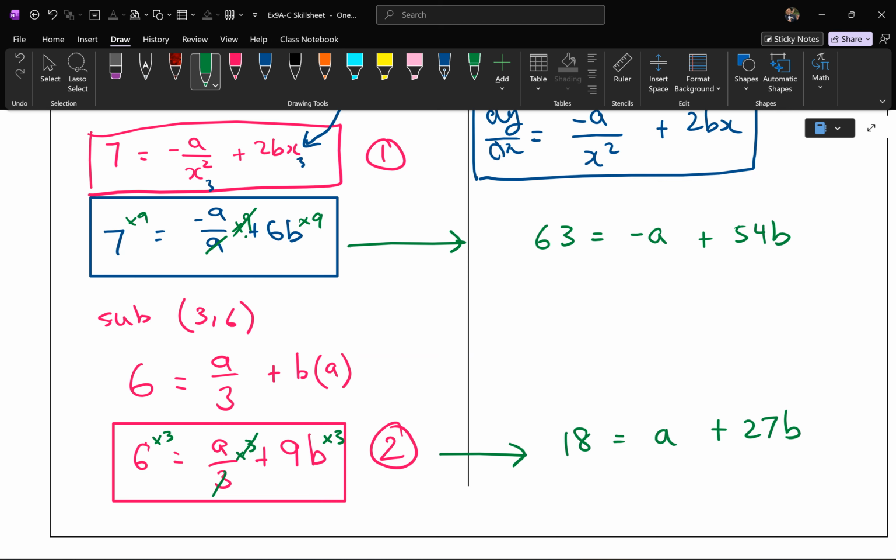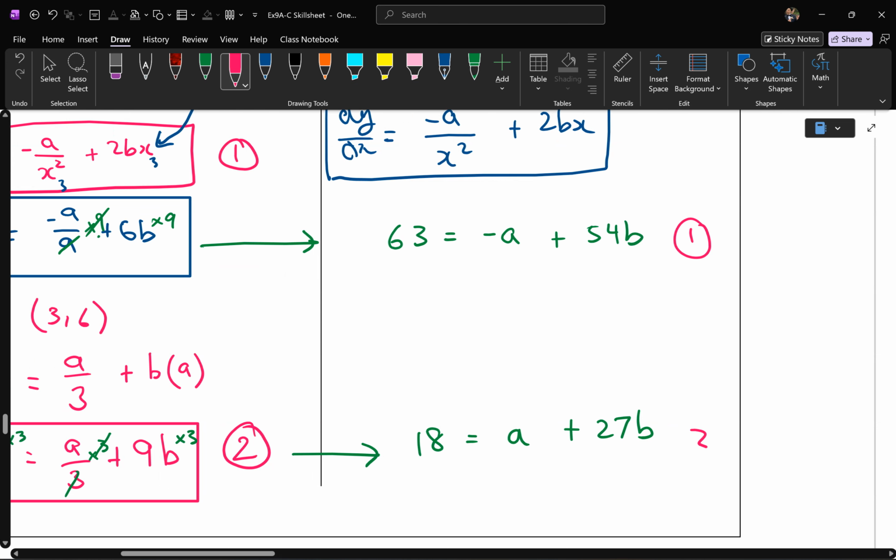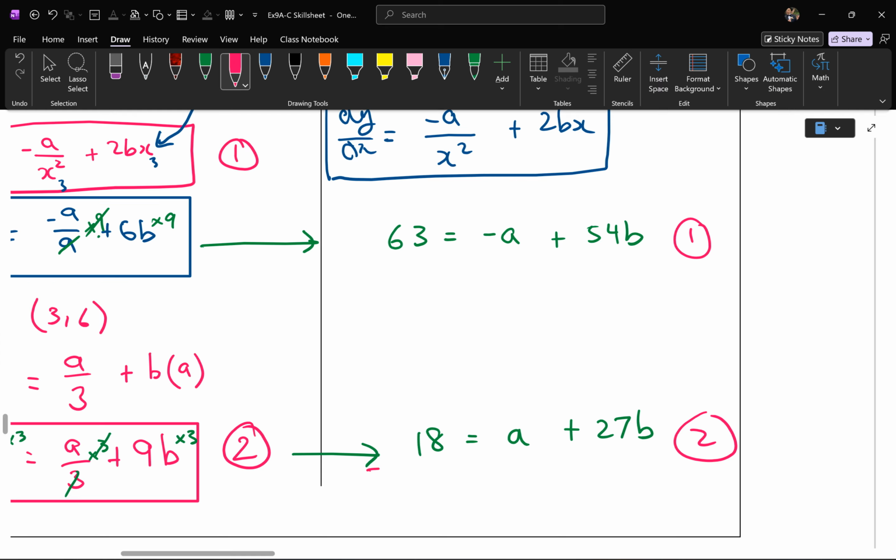And that, to me, is just back to year 9 mathematics again. Either you do elimination method or substitution method, up to you. I prefer elimination. So equation 1, equation 2. If I add the two together, negative a plus a will cancel out. 63 plus 18 is 81, which is equal to 54b plus 27b.